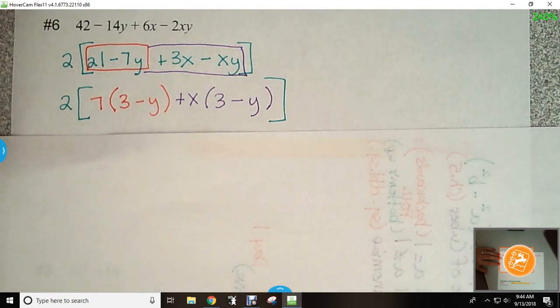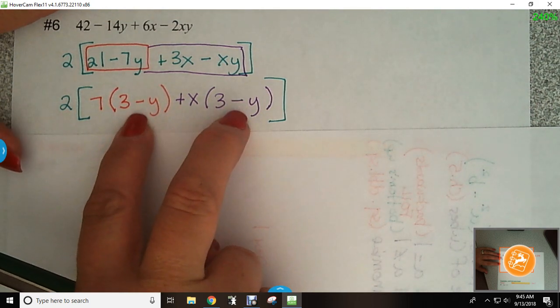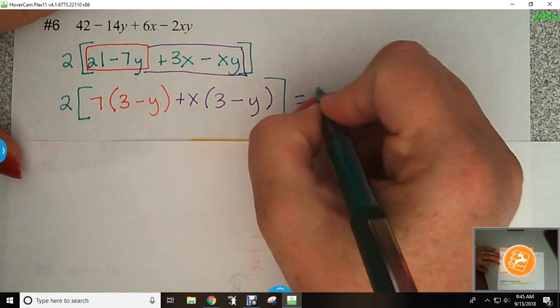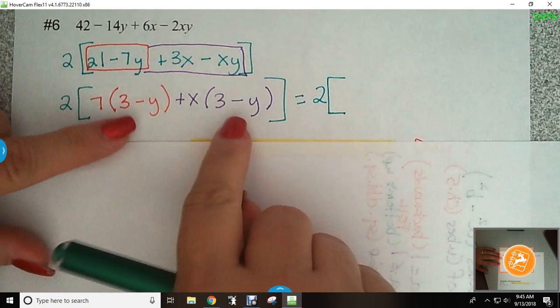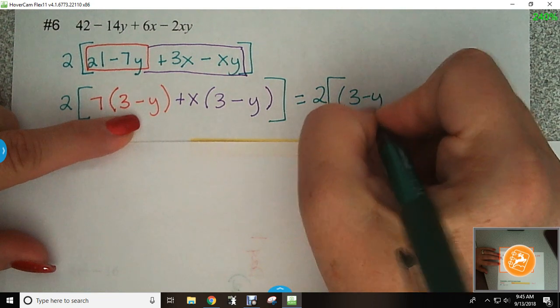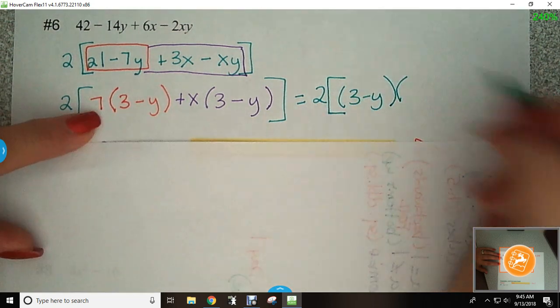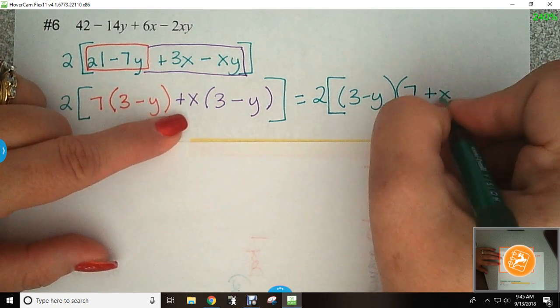So now, inside my brackets, I have a set of like parentheses. So I'm going to move it out here because I'm running out of room. There's my bracket. My common parenthesis is 3 minus y. My leftover stuff is going to be this positive 7 plus x.